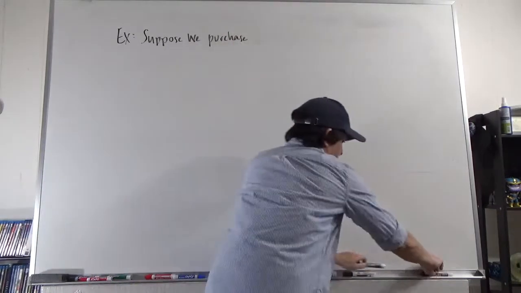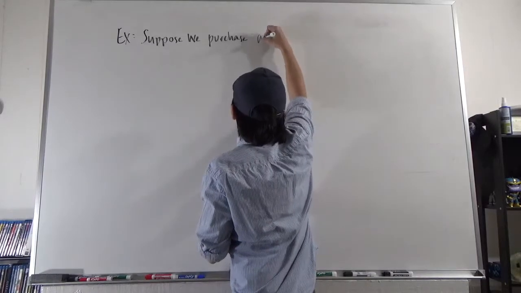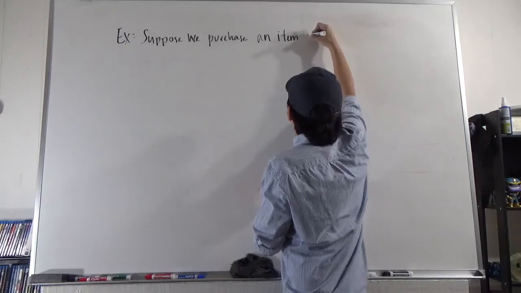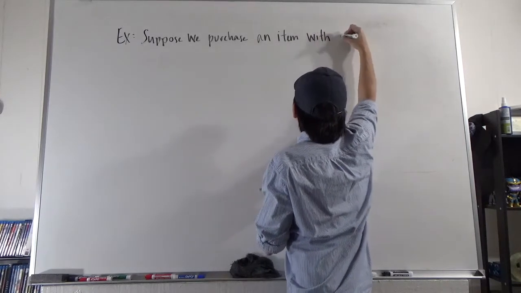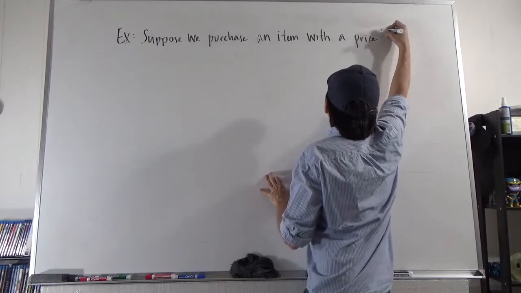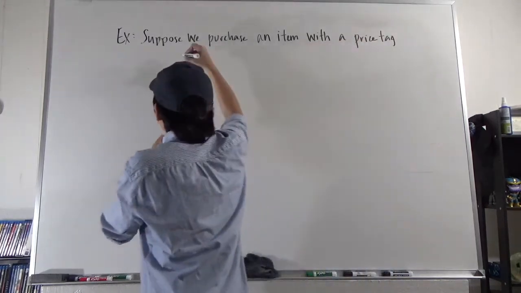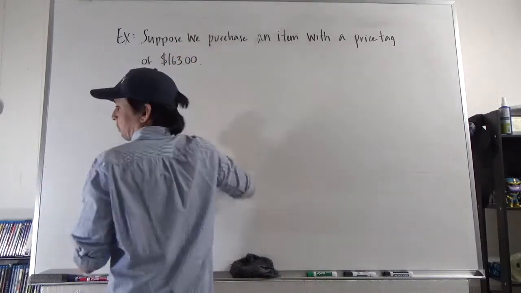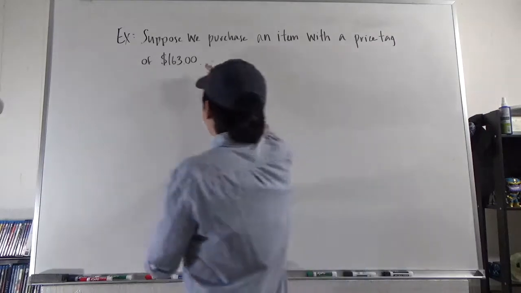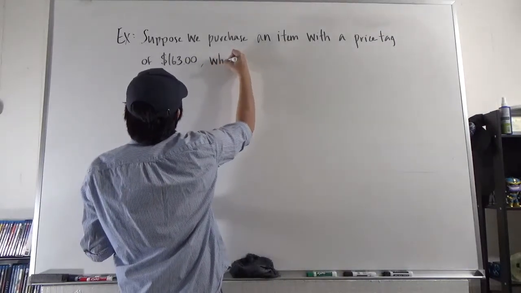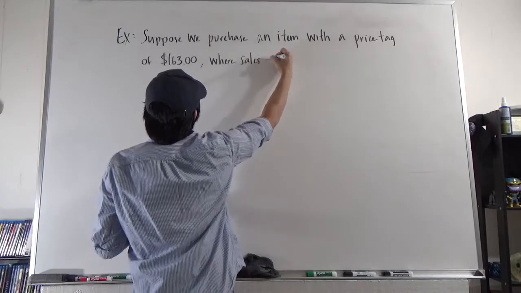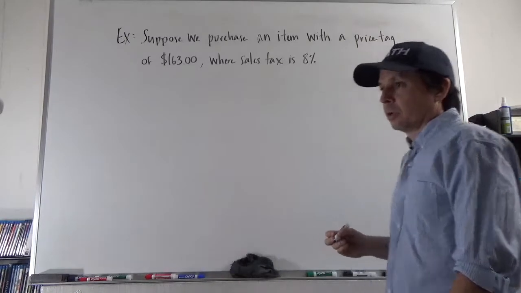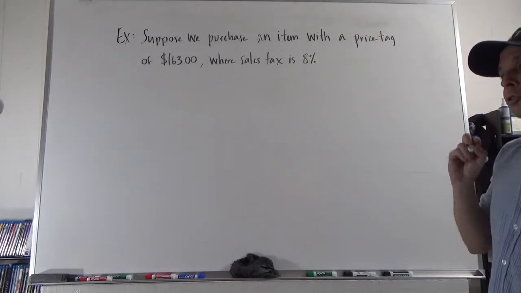Okay, suppose we purchase another item, a different item, with a price tag of $163. Where sales tax is 8%. And then we have a coupon for $25 off.